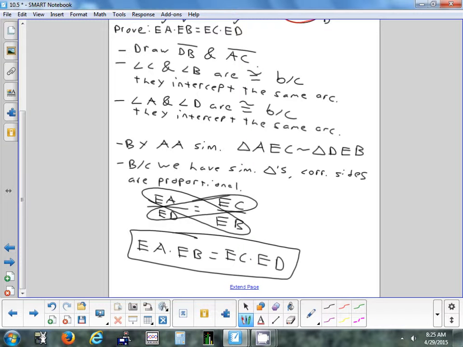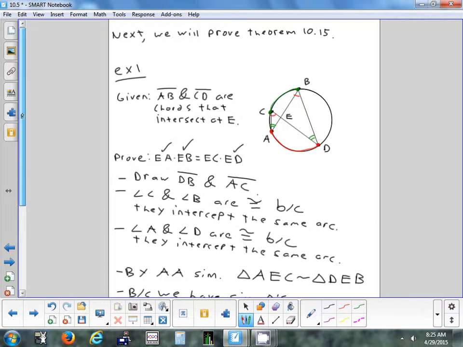And that's what we wanted to prove. So EA times EB equals EC times ED. The product of those segment lengths are equal. That's it. That's the proof, based on similar triangles.